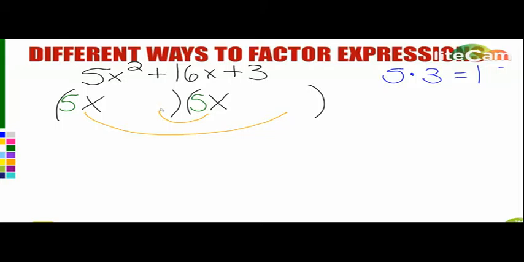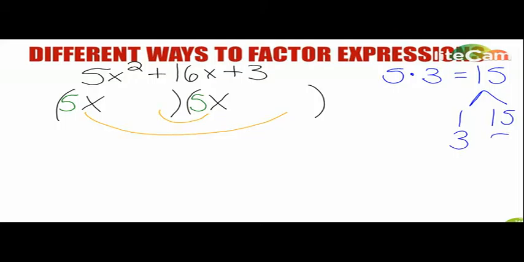So this time we're multiplying 5 times 3, which is going to give me 15. And the factors of 15 that will add up to 16 are going to be 1 and 15, because 3 and 5 won't add up to 16. So I'm going to go ahead and put the 1 and the 15 in the back.